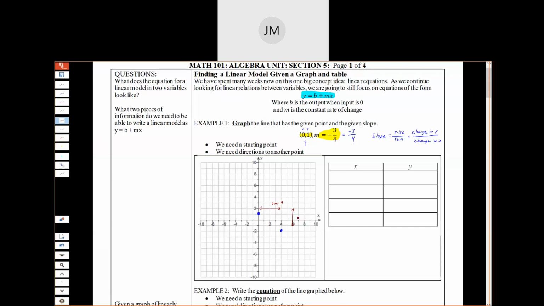Oops, I went down too far. So I'm going to go down 3, 1, 2, 3, land here. And then we just connect these with a line, and we have our graph.